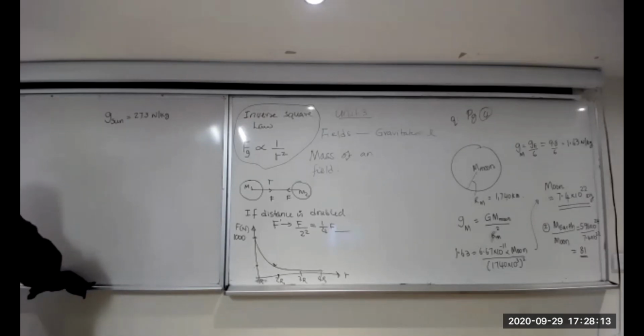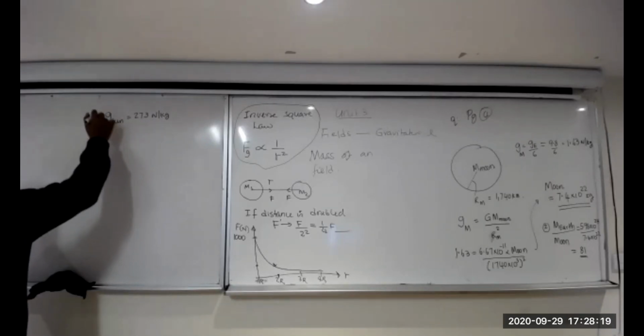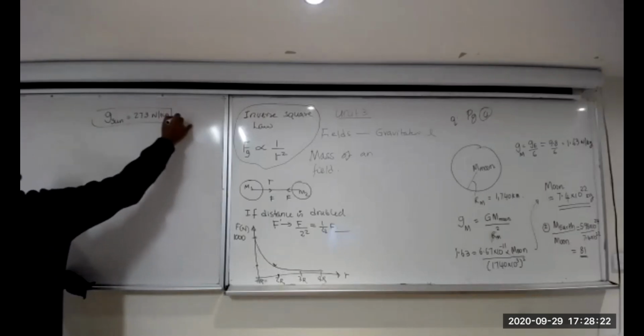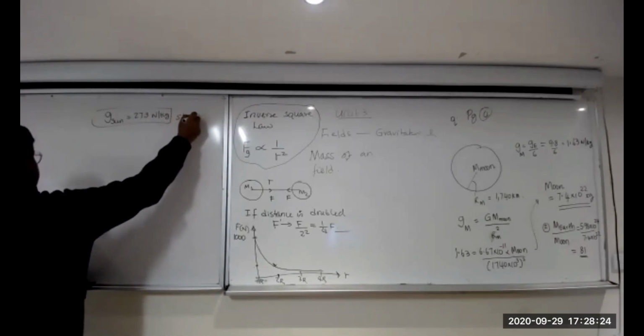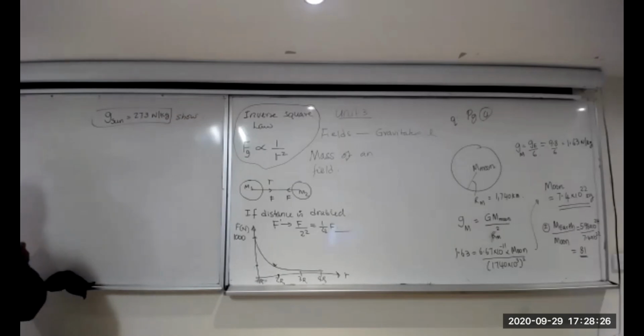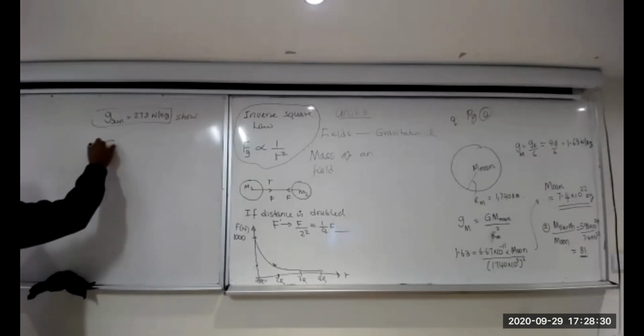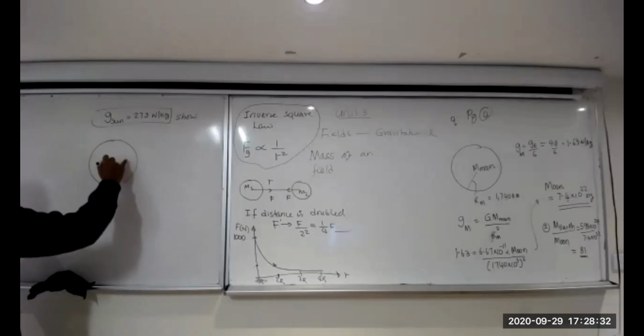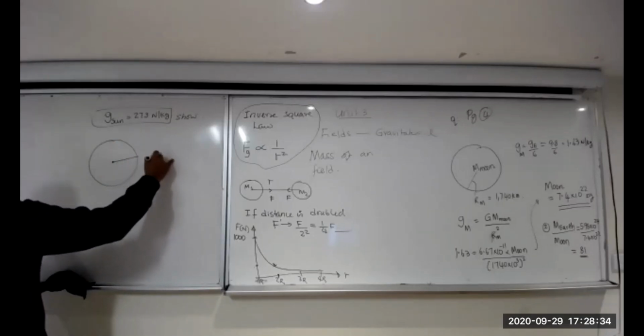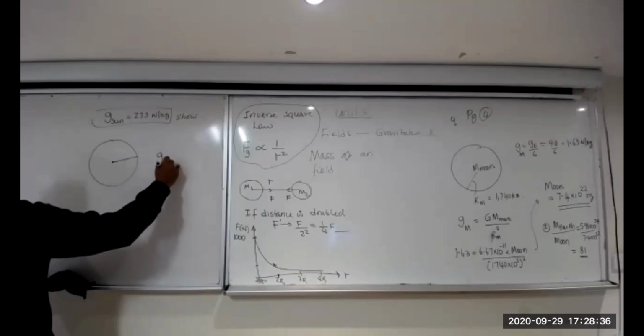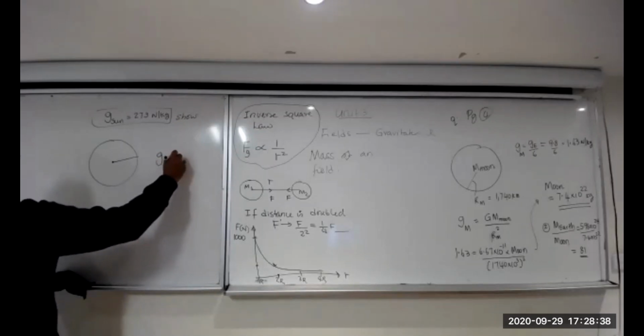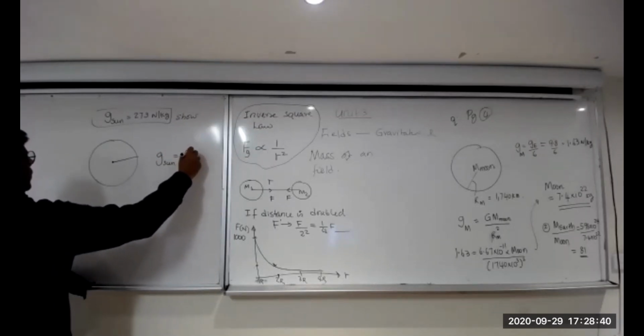We have to show that. Just give a quick calculation and find the gravitational field strength of the sun, which is GM over r squared.